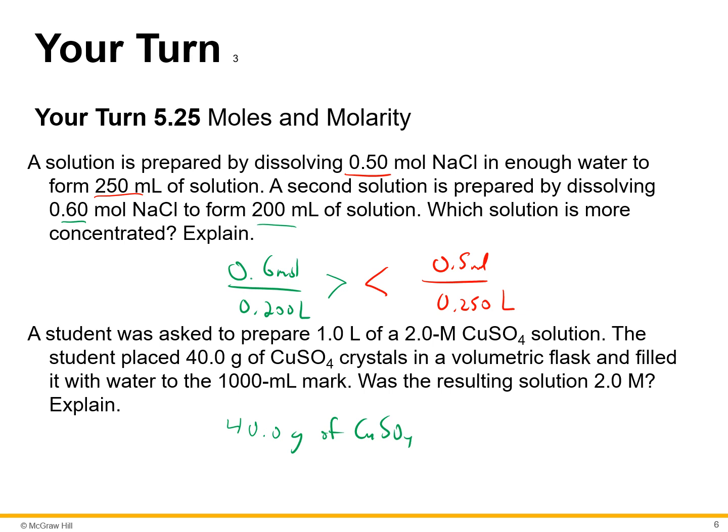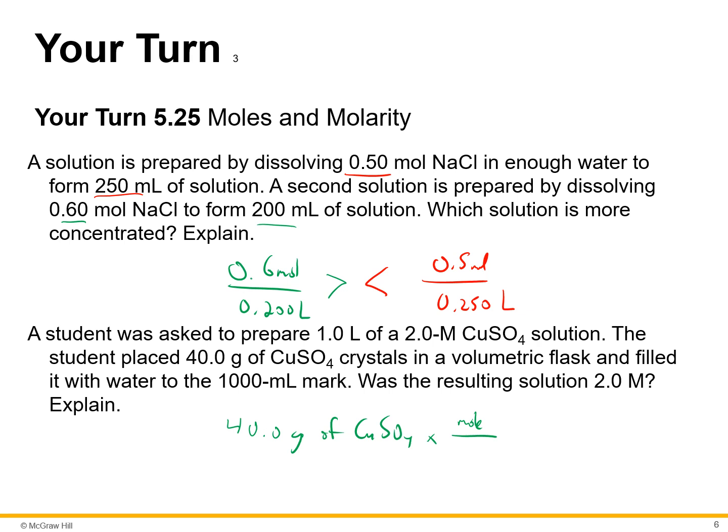So I'll walk you through the steps. First, you go from mass to moles. So you'll divide by the molar mass, as our roadmap says. So the molar mass of copper sulfate, 48 for the O, 16 times 4, plus 32 for the sulfur. And the periodic table for copper, 63.54.